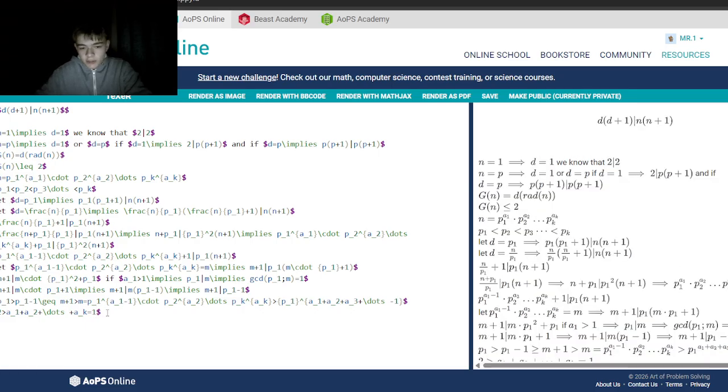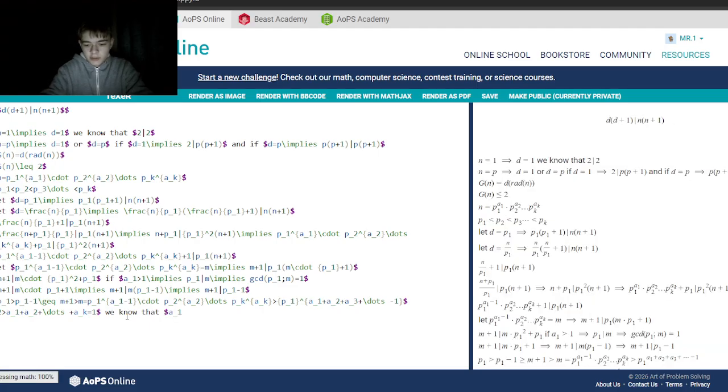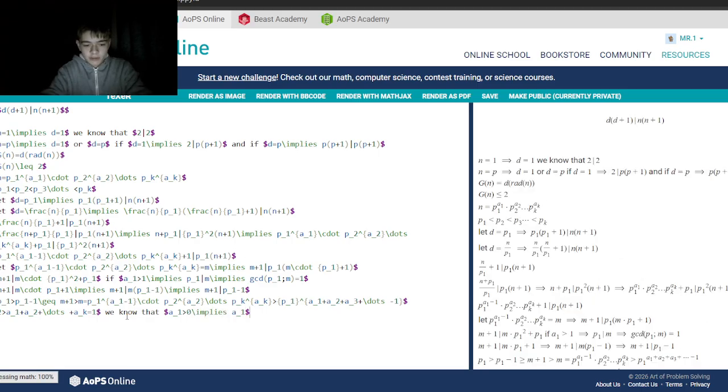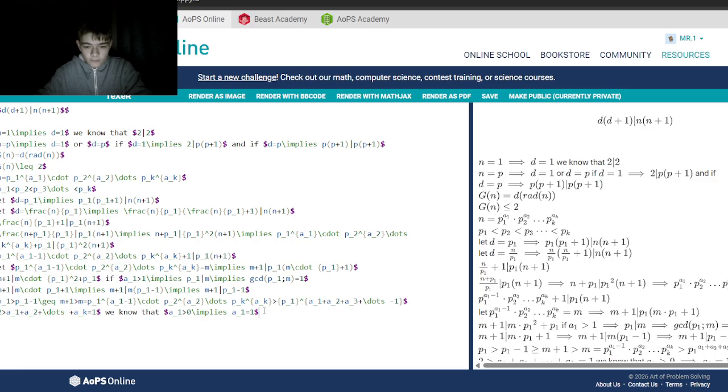And we know that a1 is more than 0, so a1 must be at least 1, and this implies that a1 is equal to 1. Okay, and this implies that m is equal to p1. Wait, yeah, m is equal to p1.